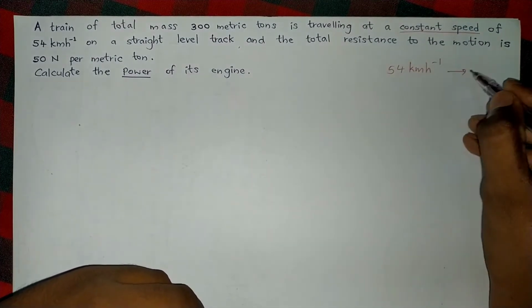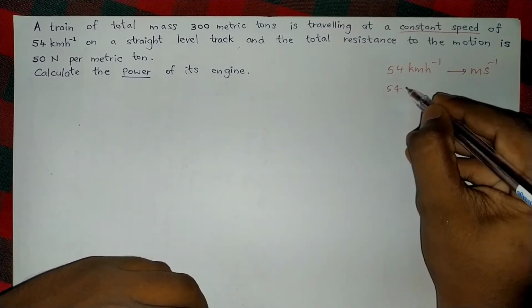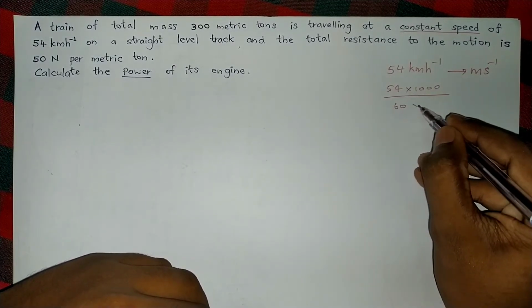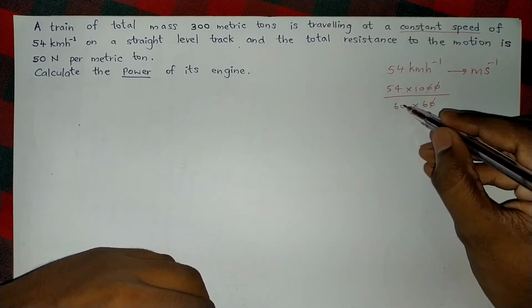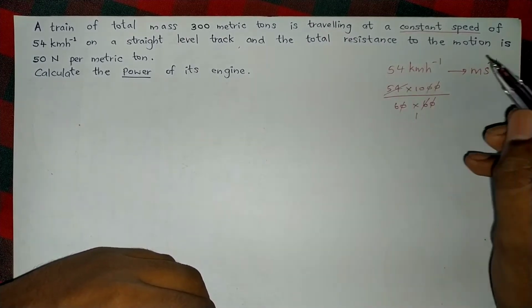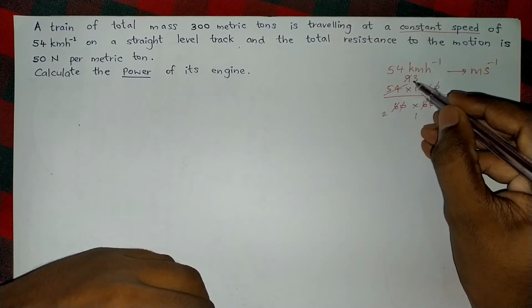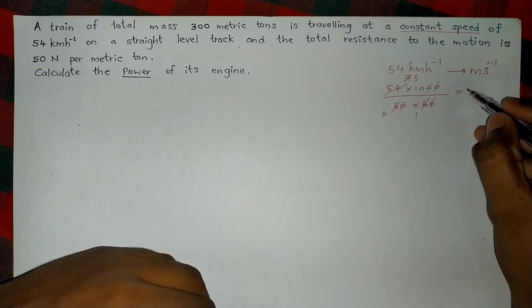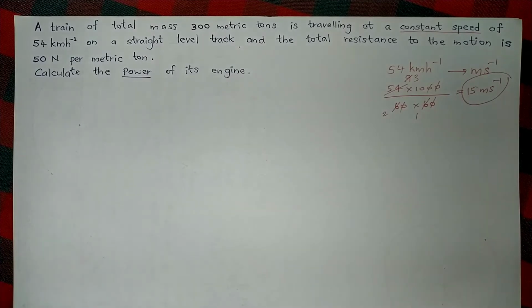So we have to convert this into meters per second. 54 multiplied by 1000 divided by 60 twice. So the answer is 15 meters per second. So this is the velocity in meters per second.